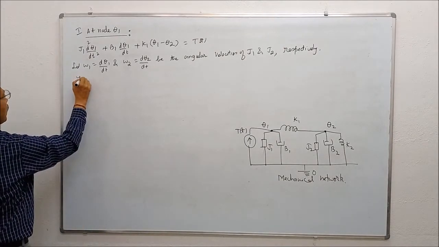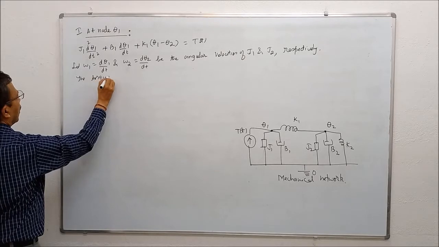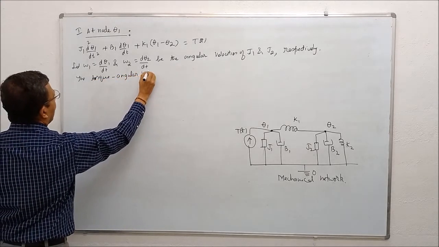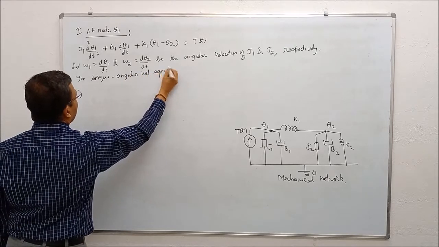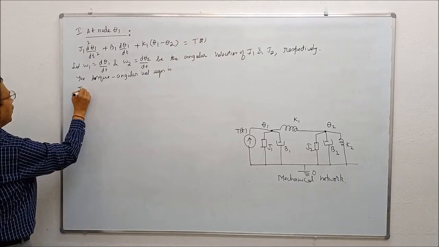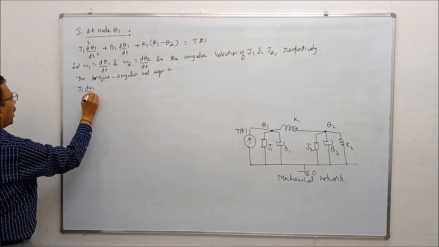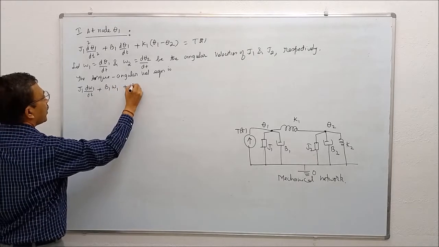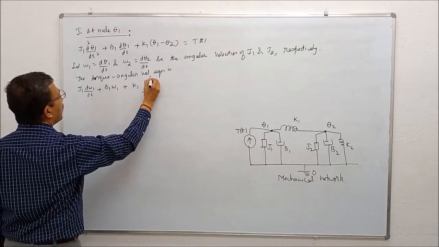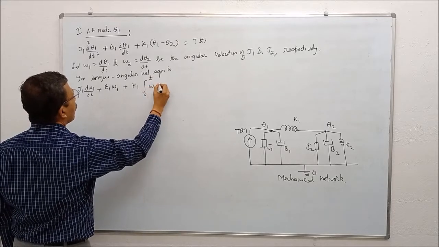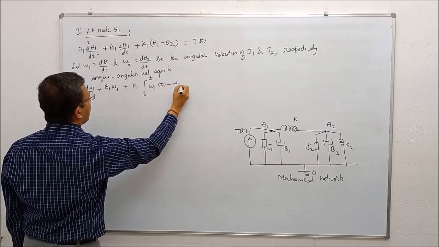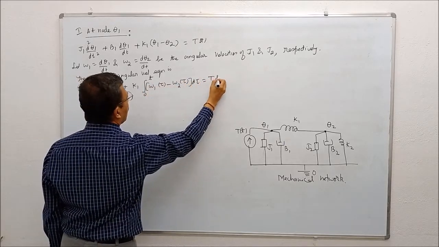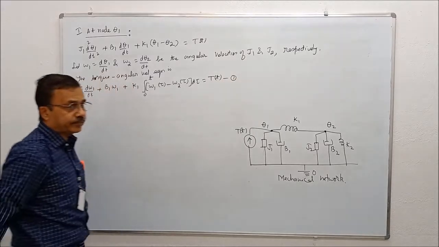The torque angular velocity equation is J1 dω1/dt + B1 ω1 + K1 ∫0 to t (ω1(τ) − ω2(τ)) dτ = T(t). Equation 1.